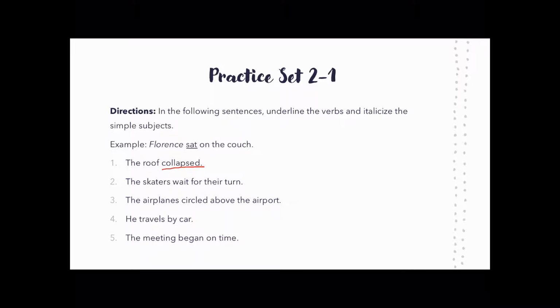And who collapsed? Or what collapsed? The roof. So I would italicize that. But I'm on my iPad, so I can't. Okay? So go ahead and find the subject and the verb in the following sentences. We did this yesterday, so this is a little more review, okay? Pause me here, and I'll meet you in the next one.